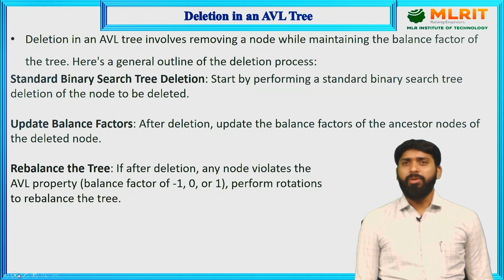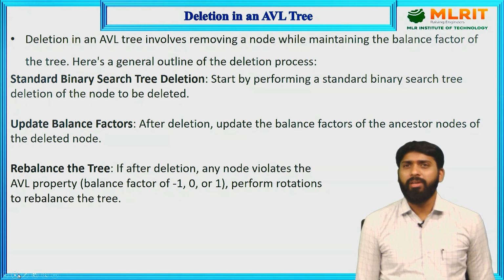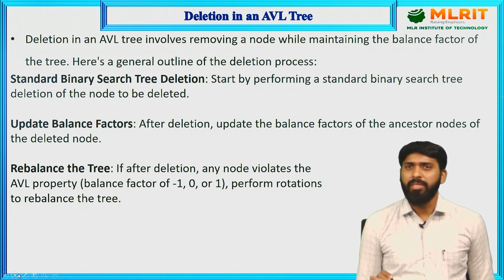Coming to deletion in an AVL tree. Deletion in an AVL tree is the same as deletion in a binary search tree. The difference is that we delete the element from the tree, and after that we find the balancing factor for each node present in the tree, and if it is not balanced, then we find the condition and apply rotation.